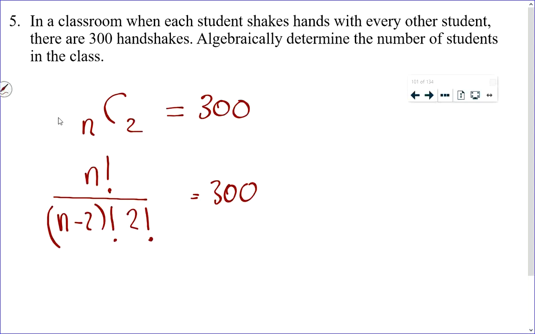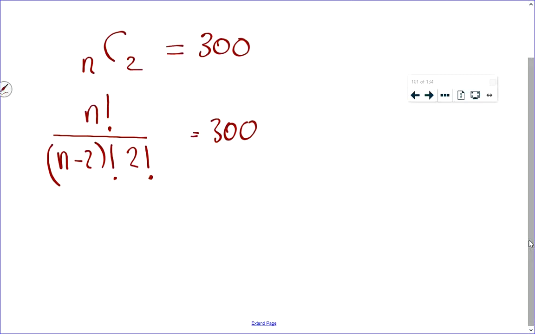Multiply the 2 factorial to 300. Okay, so I can multiply the 2 factorial by the 300. Now what I have is, and we all know 2 factorial is 2, right? So 2 times 300 is 600. So now I have n factorial over n minus 2 factorial is equal to 600.